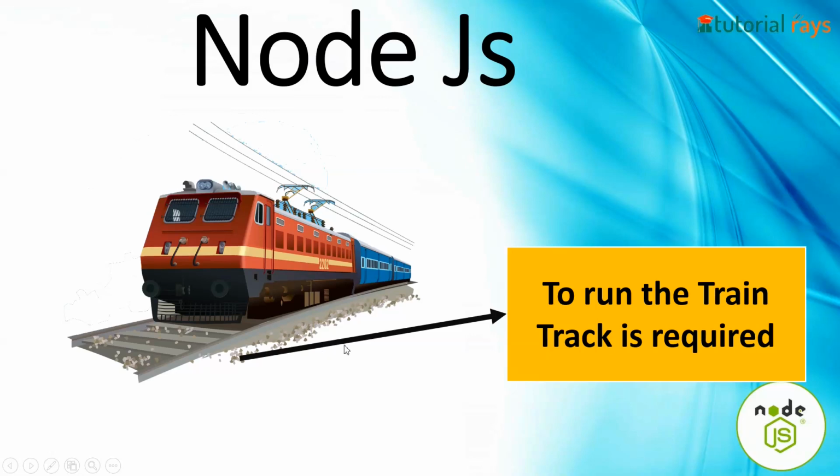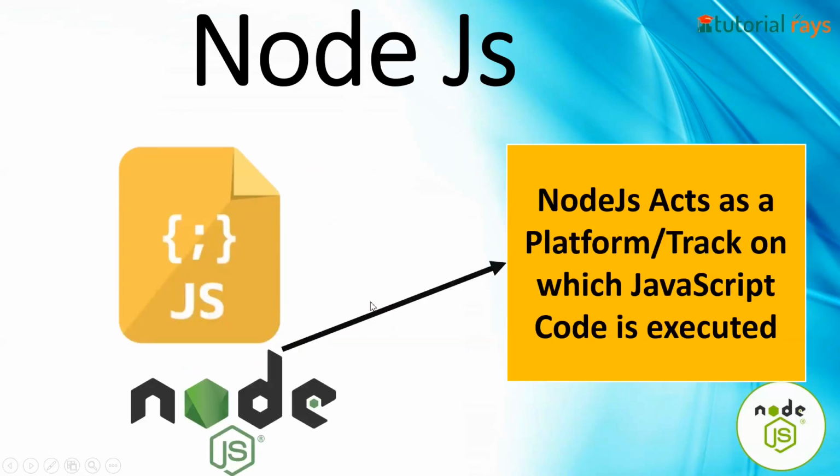You can understand that the train requires this track to run. Similarly, to run JavaScript applications, we need Node.js. So Node.js acts here as a platform or track on which JavaScript code is executed.